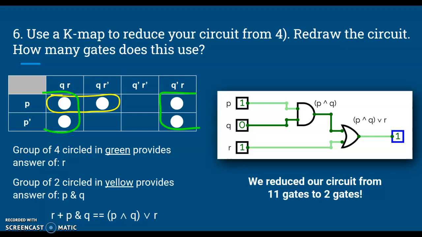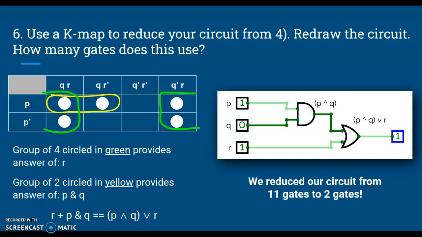From each, we can deduce which one of these values is always true within that circle. In our yellow circle, you can see that P and Q are true for each value that's been circled. So we know that P and Q can be incorporated in our final simplified design. Likewise, in the green circle, we can see that there's both P and not P, and both Q and not Q, but R remains the same.